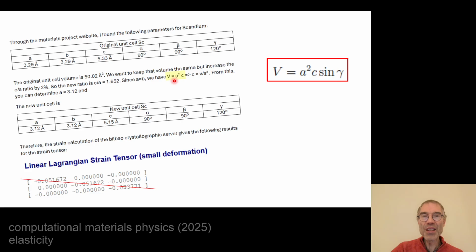Like here in this example, the volume was set to be A squared times C. That would be correct for a tetragonal cell, but not for a hexagonal, where you need this gamma alpha additionally. So therefore here the volume calculation was wrong, and therefore the lattice parameters came out wrong.